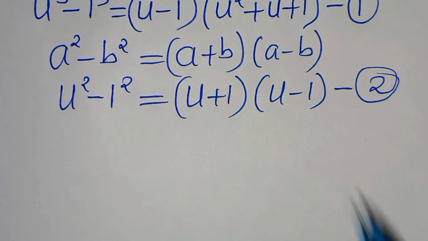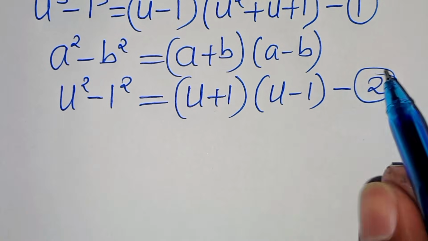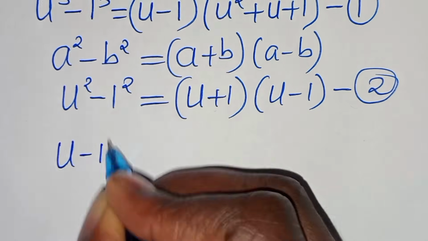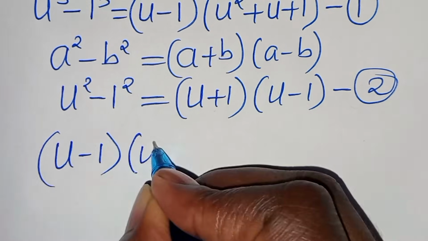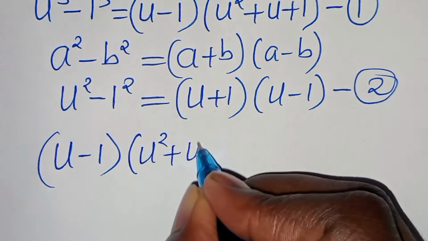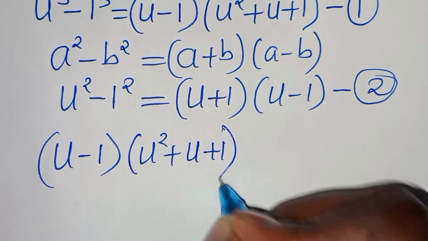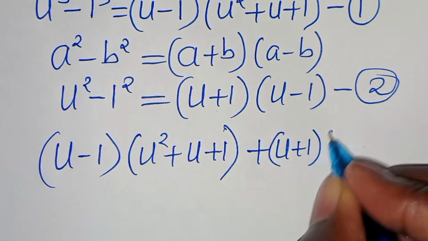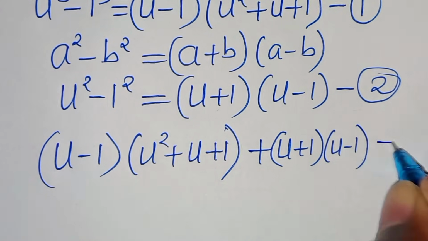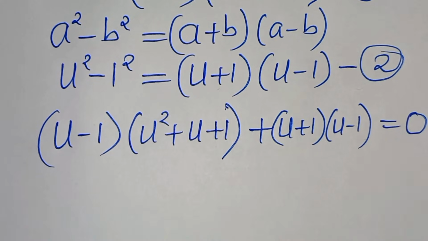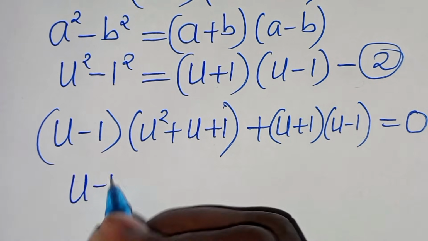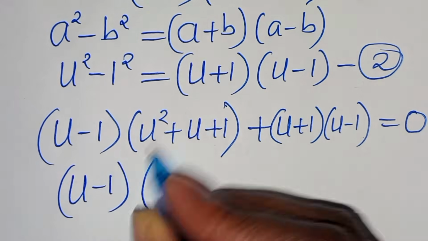So let's combine equation 1 and equation 2 so that we have u subtract 1, u to the power of 2 plus u plus 1, then plus u plus 1 multiplied by u minus 1. This is equal to 0. u minus 1 is common here, so we factor out u subtract 1 into the parentheses.